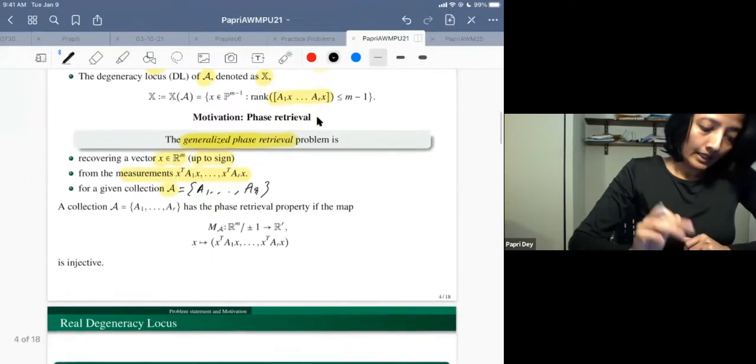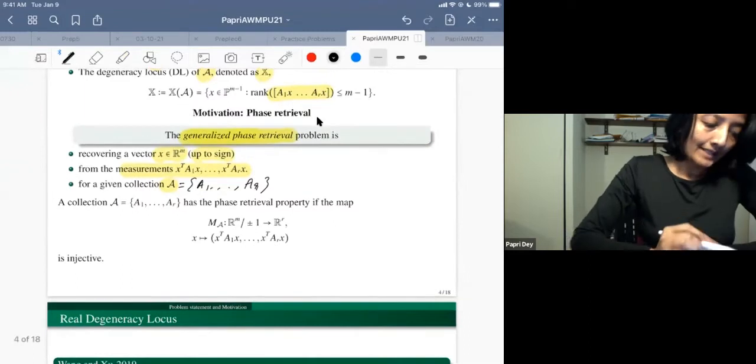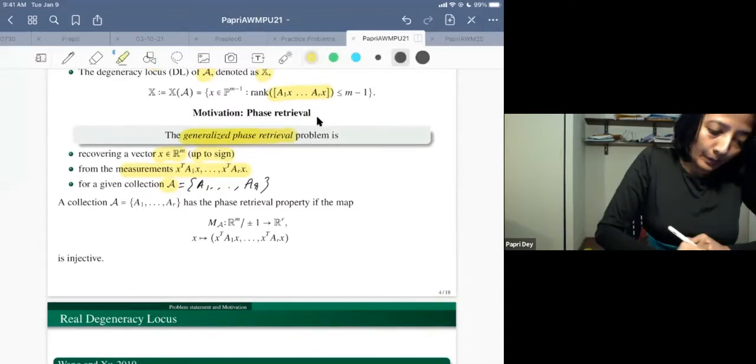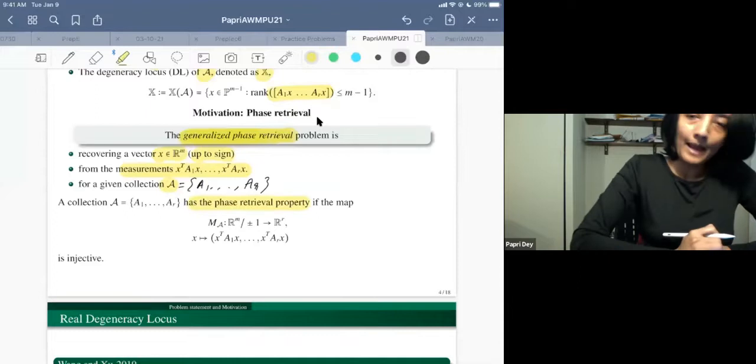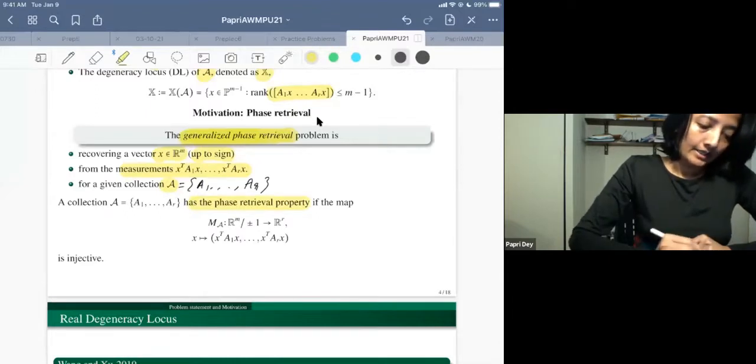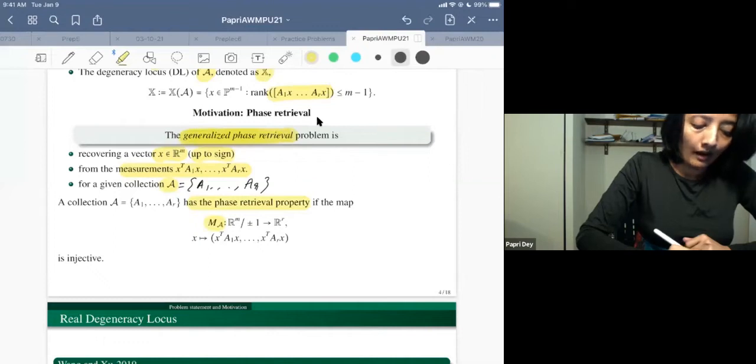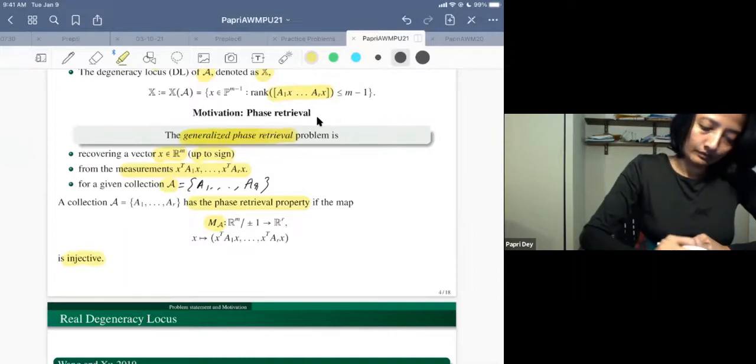Now, this collection A, scripted A, has the phase retrieval property if the map MA, which is defined from Rm modulo plus minus 1 to Rr, is injective.